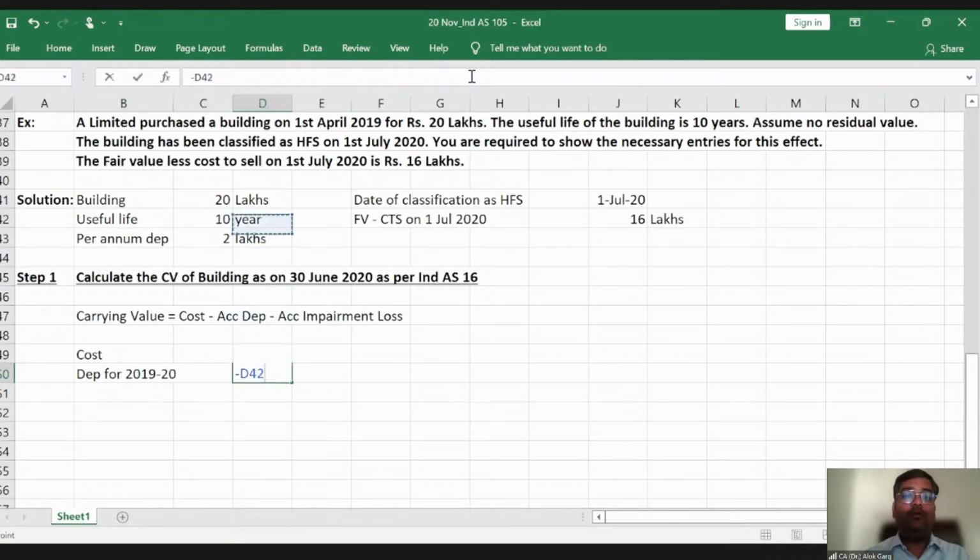Depreciation for 3 months, April 2020 till June 2020: if for 1 year it is 2 lakh, then for 1 quarter, how much? 50,000, right? What is the carrying value? The carrying value is 17.5 lakh. This is the carrying value as per step number 1.